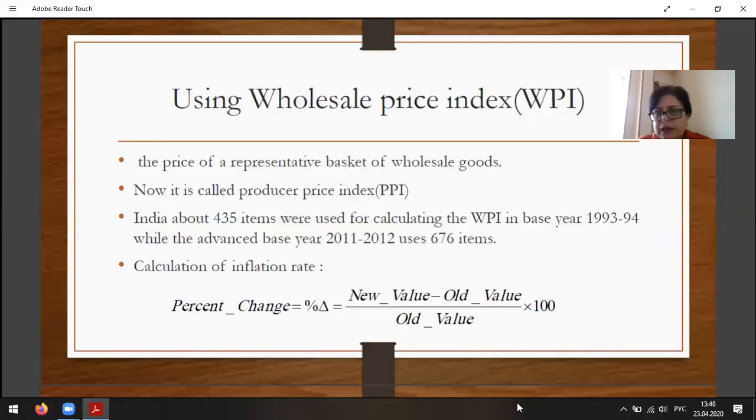So if in 1994 the WPI or PPI included about 435 items, different names of goods and services, in 2012 the number of items increased to 676 different names of goods and services. The calculation actually doesn't change because the general approach is the same: you need to find the percentage change.